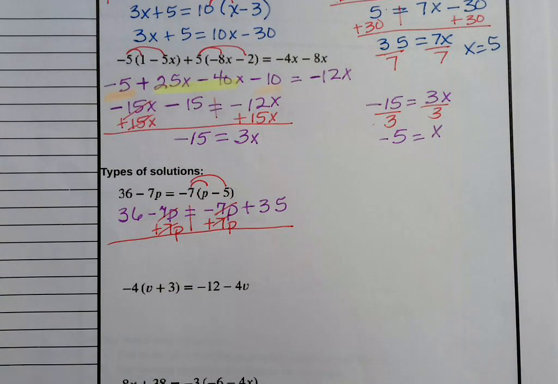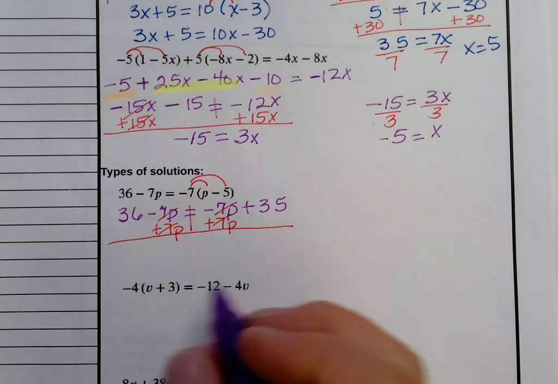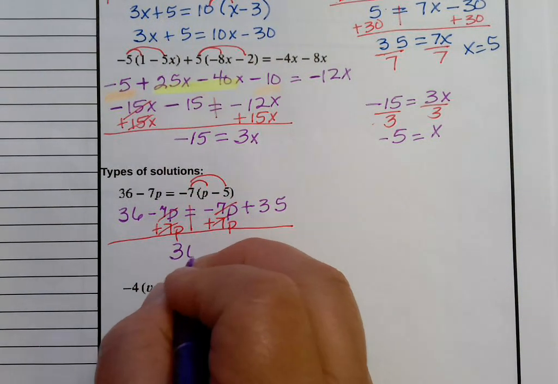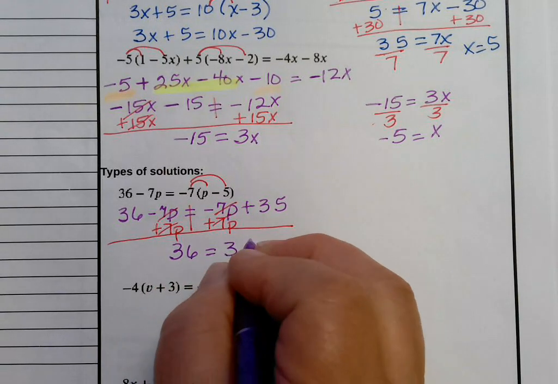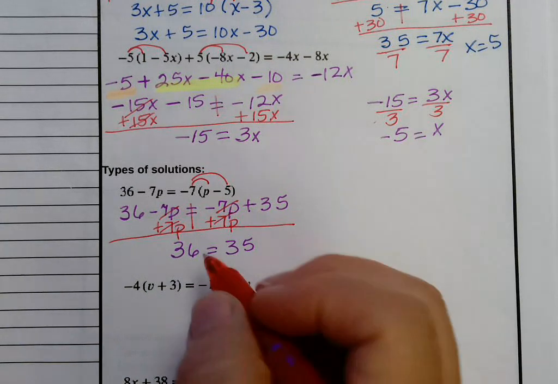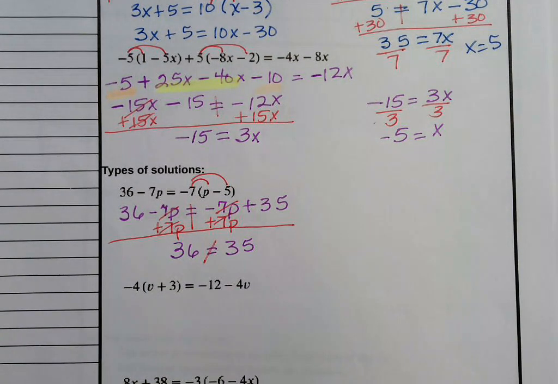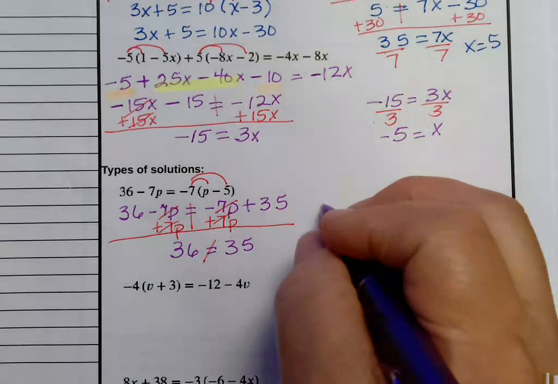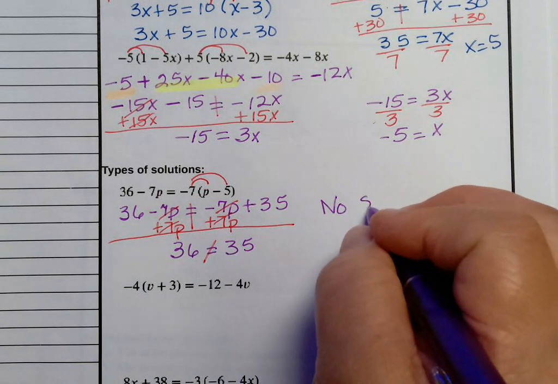And my solution says that 36 is equal to 35. When is 36 equal to 35? Well, it's not in your lifetime. So if your variables eliminate and you're left with an untrue statement, 36 is not equal to 35. In this case, there is no solution.